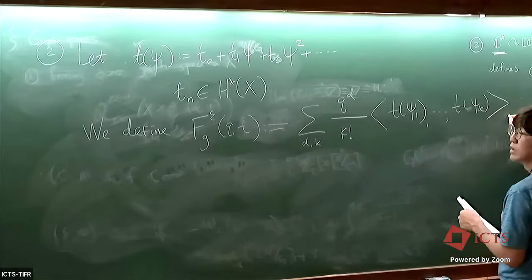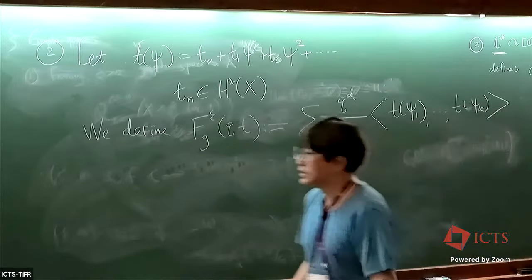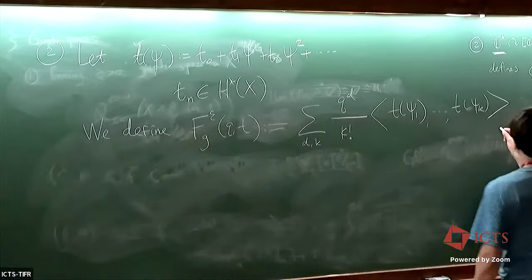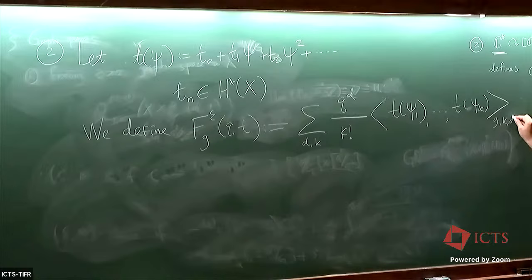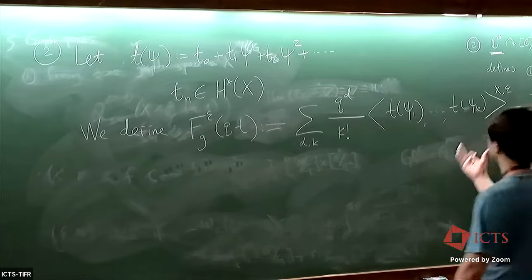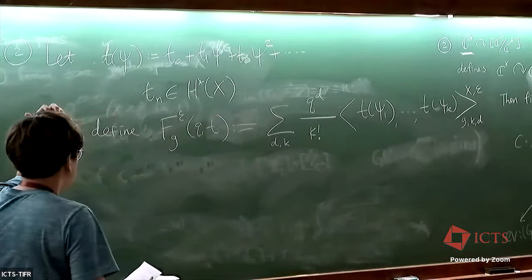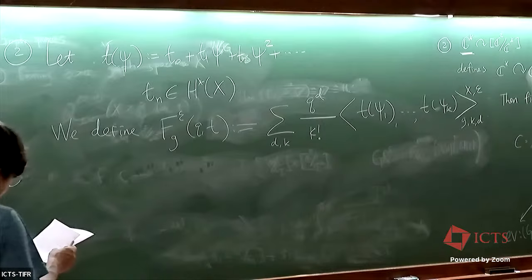We may need some suffix here, g, k, d, and maybe our target space X and stability epsilon. So we collect all such invariants to define the genus g potential function.